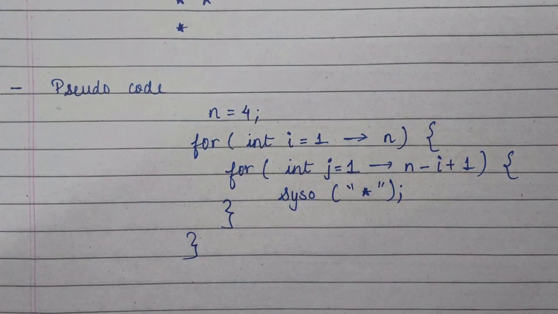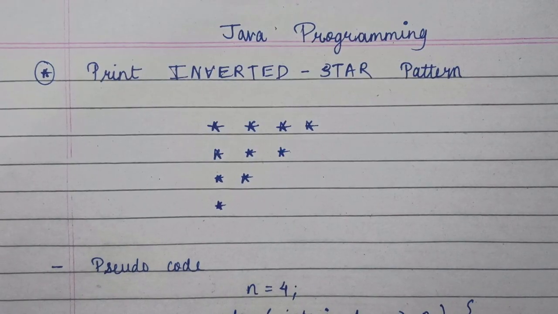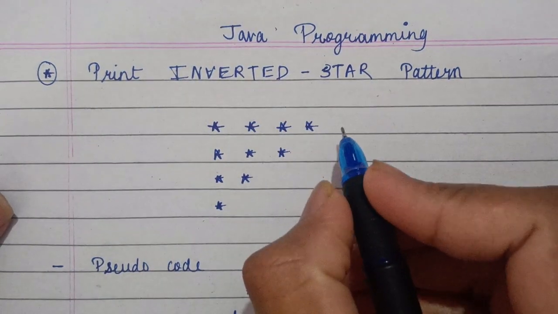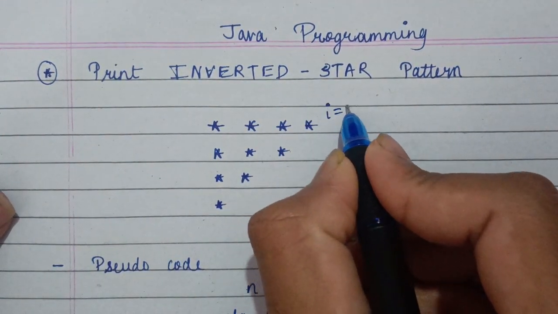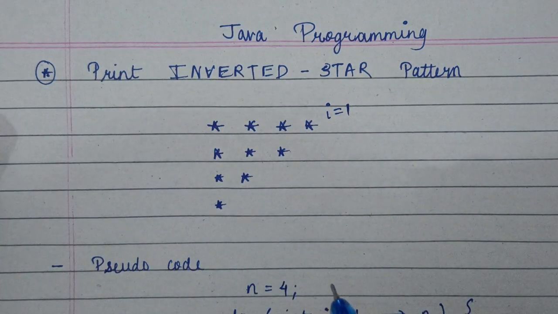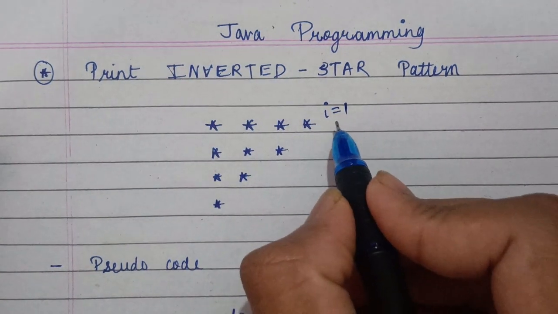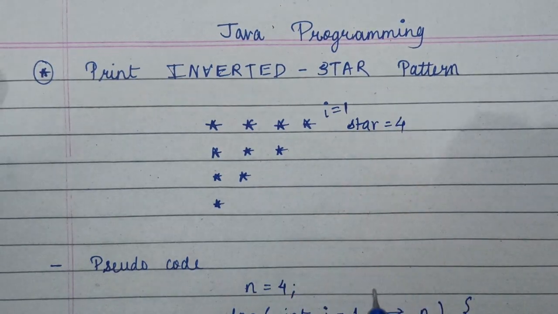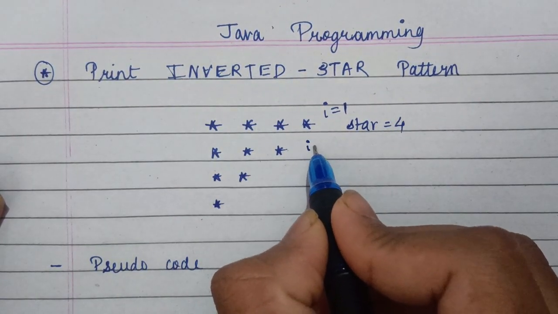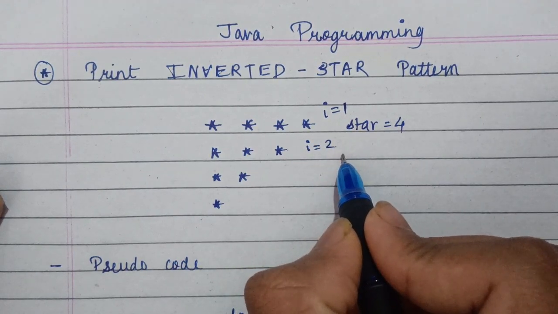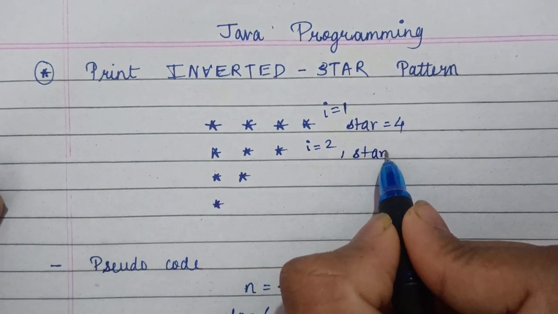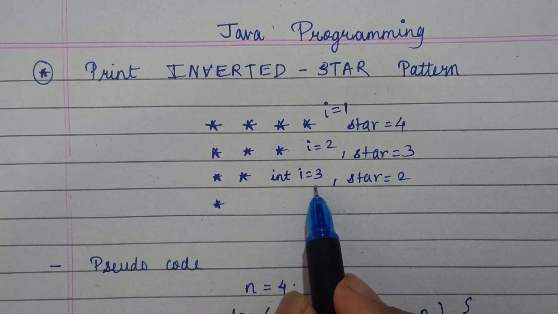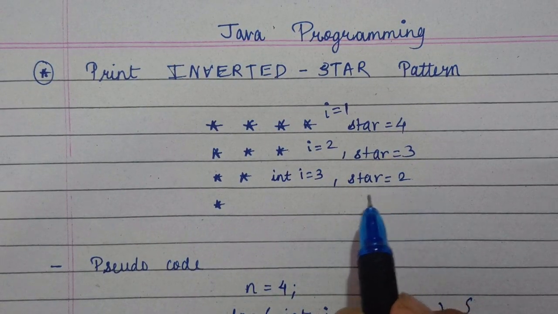Okay, so the iterator starts from 1, so i is equal to 1, the stars will be 4. Okay, then i is equal to 2, stars will be 3. I is equal to 3, stars will be 2.